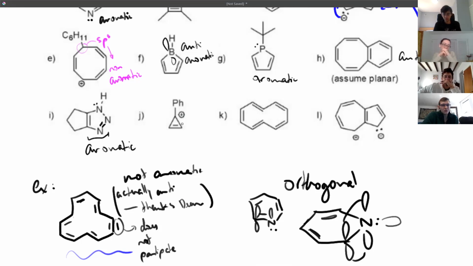And in the case of this molecule, there's certainly no reason that you can't draw it like this, where the benzene ring is planar, flat in the plane.